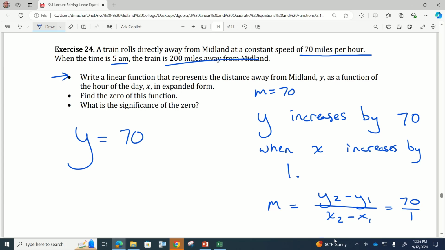Now there is a point I can put on my graph. That is when the time is 5, the distance is 200. So we'll call that x1 and y1. And then we'll write the point slope form of a line.